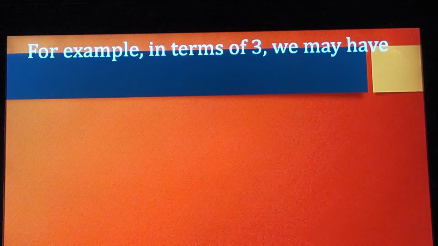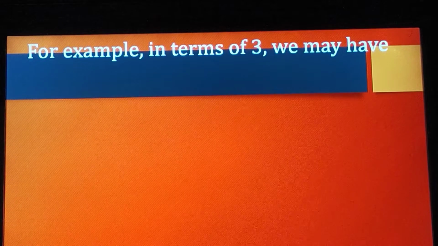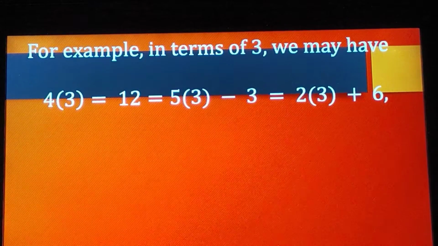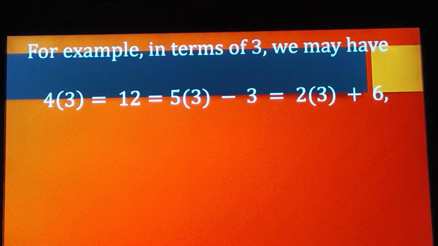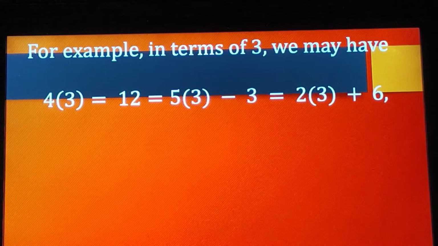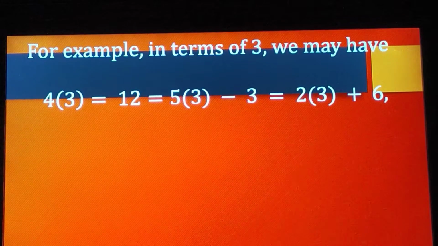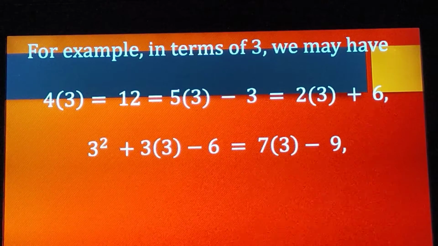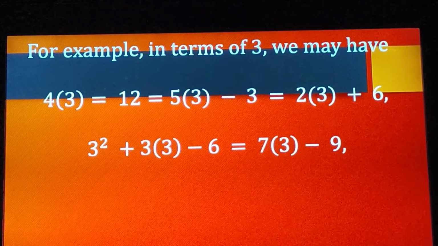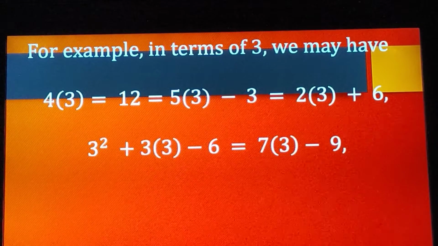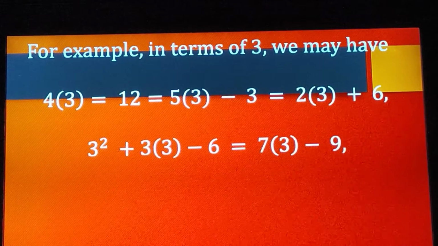For example, in terms of 3, we may have 4 times 3 on the left side, 12 on the right side, or maybe 5 times 3 minus 3, which is 12, or 2 times 3 plus 6, which is also 12, or 3 squared plus 3 times 3 minus 6 on the left side, and 7 times 3 minus 9 on the right side. Still we have 12 equals 12.